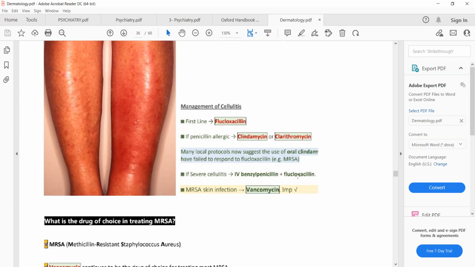Remember one more drug that you need to give if the patient is having a severe cellulitis. Then you can include IV benzylpenicillin, because flucloxacillin is an anti-staphylococcal penicillin. So to give coverage of Streptococcus pyogenes, we need to give IV benzylpenicillin as well.